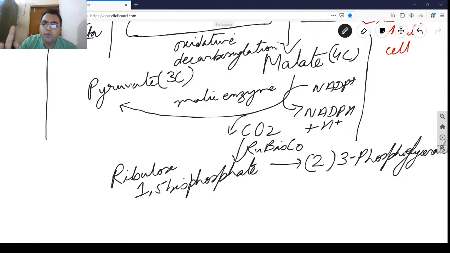The pyruvate formed by decarboxylation of malate in the bundle sheath cells is transferred back to the mesophyll cells where it is converted to phosphoenol pyruvate again by a very unusual enzymatic reaction catalyzed by a dikinase enzyme known as pyruvate phosphate dikinase, or simply a dikinase.